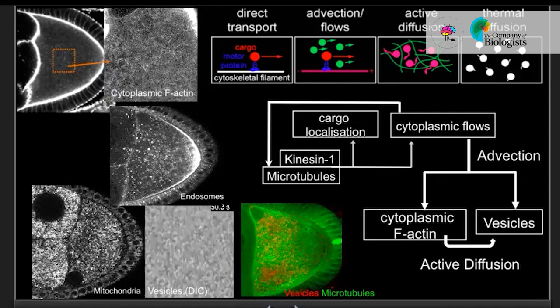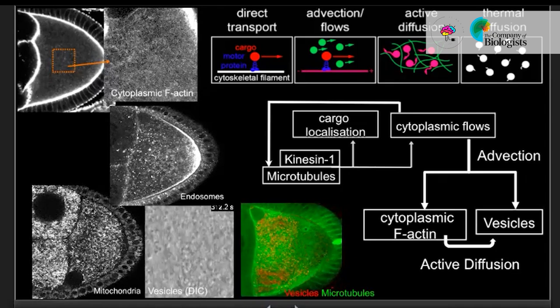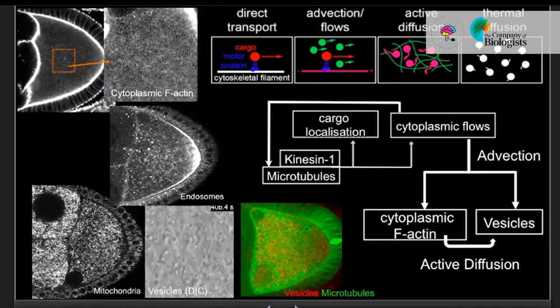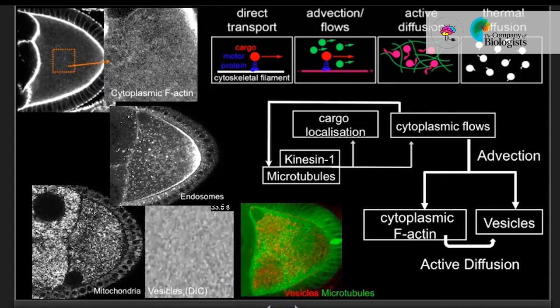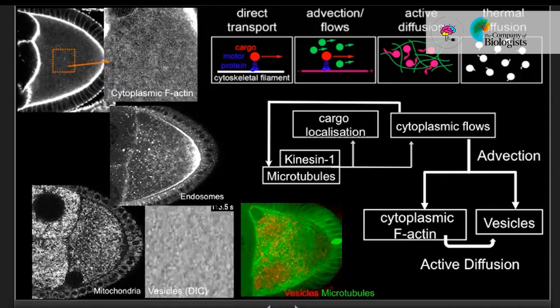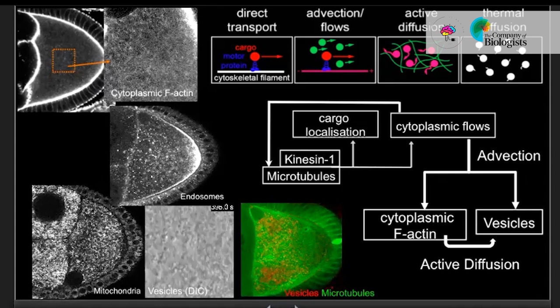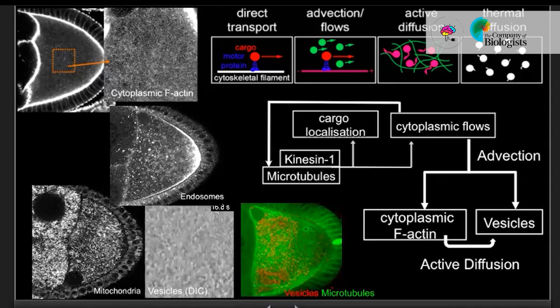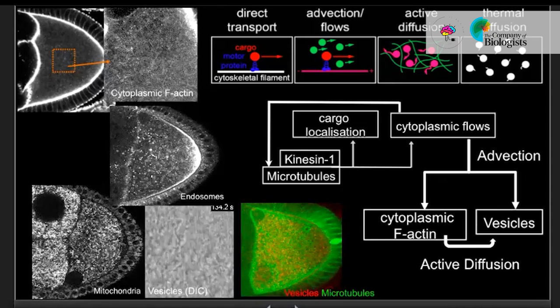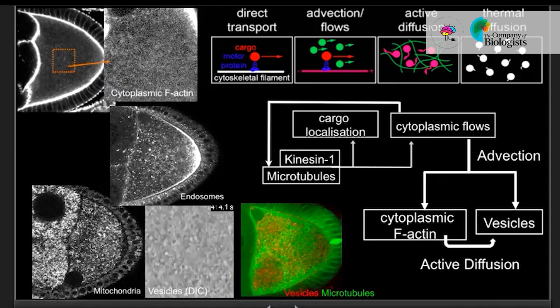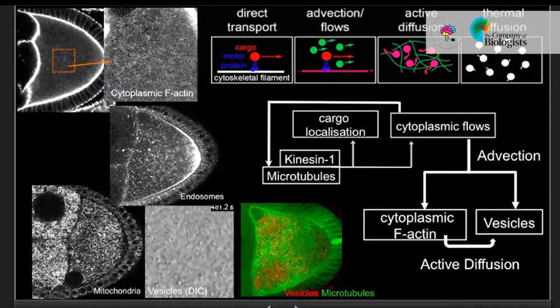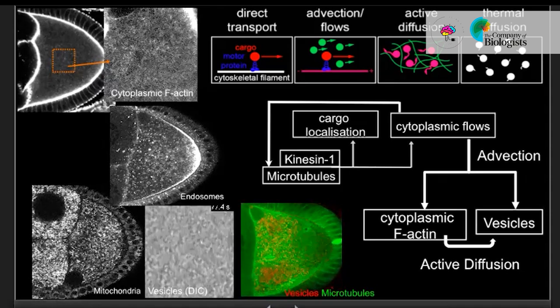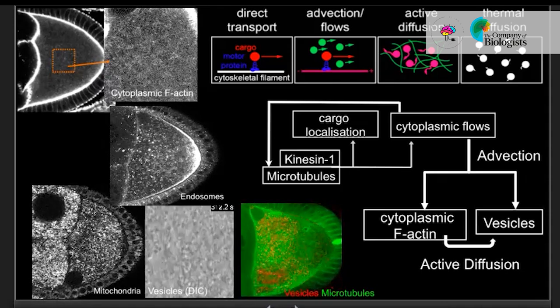And then we show that active diffusion, the more random one, just moving around to keep things healthy, of vesicles, is because of cytoplasmic filamentous actin and myosins creating these forces. So it's very cell biophysics characterization of what happens in the Drosophila oocyte. And some work from other labs in the mouse oocyte has shown that this is also true.